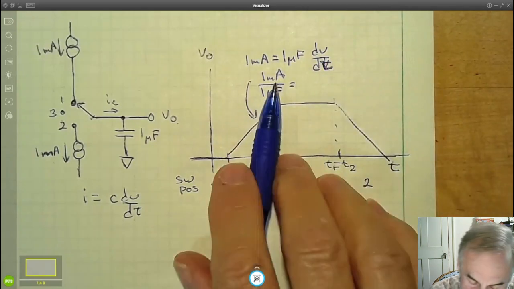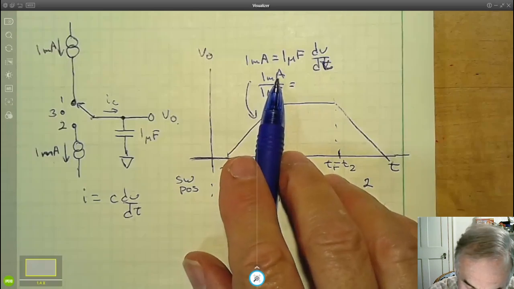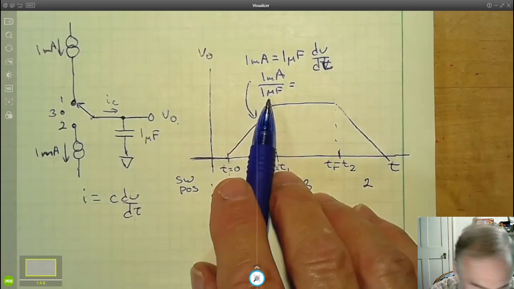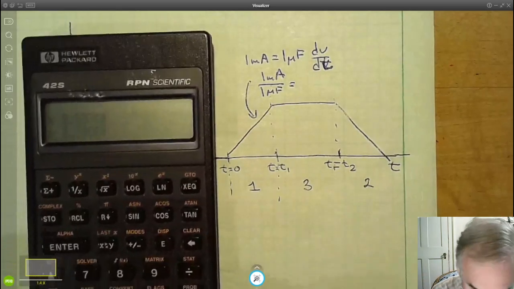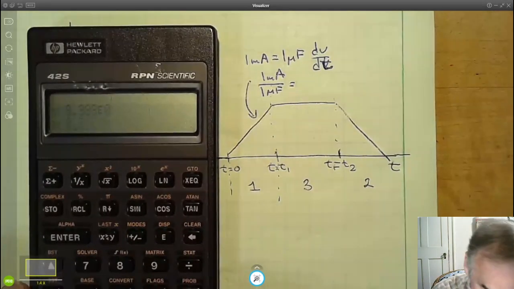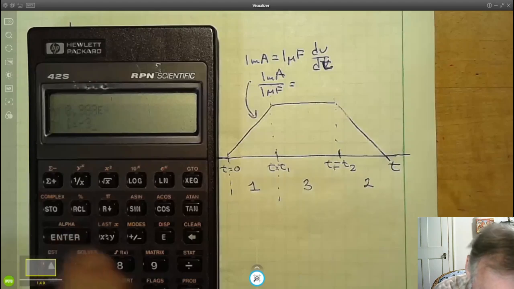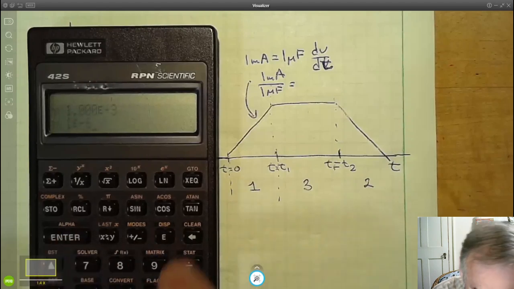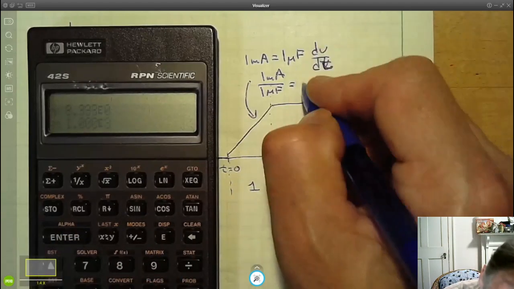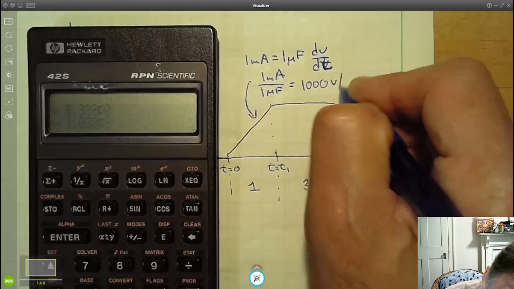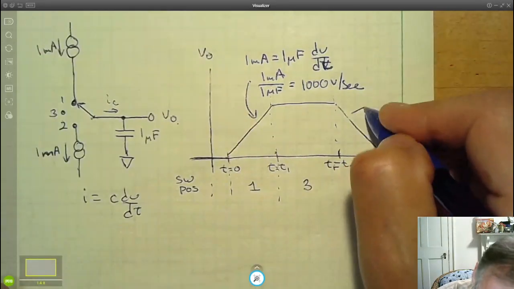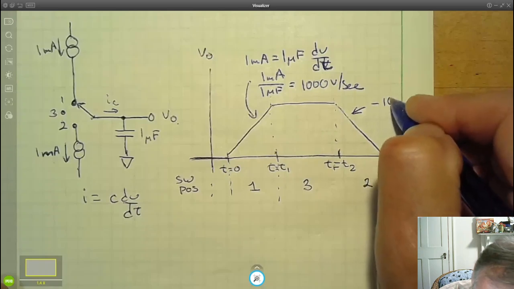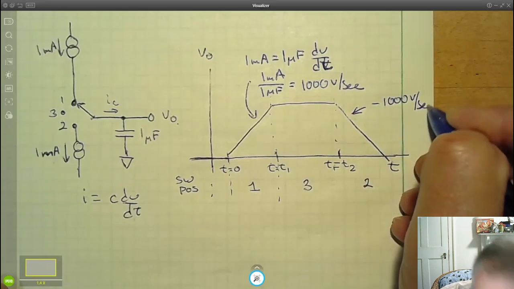Well, that's 10 to the third minus third, that's 10 to the minus sixth. So 1 EE minus 3, 1 EE minus 6 divide, and that's 1,000 volts per second. So the slope of this is 1,000 volts per second, and then the slope of this has to be minus 1,000 volts per second.